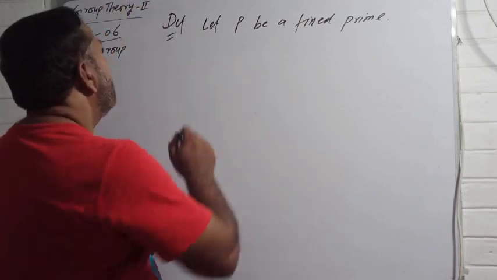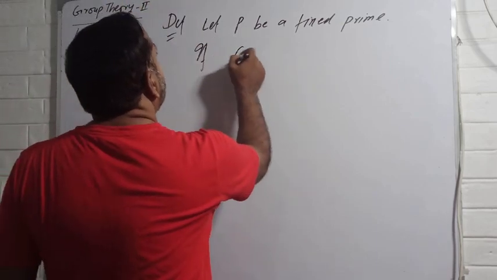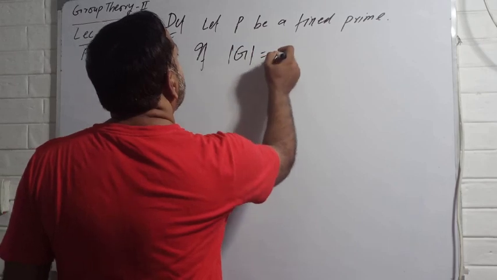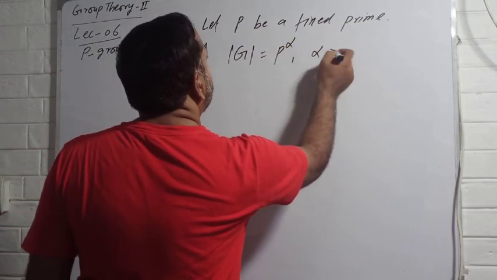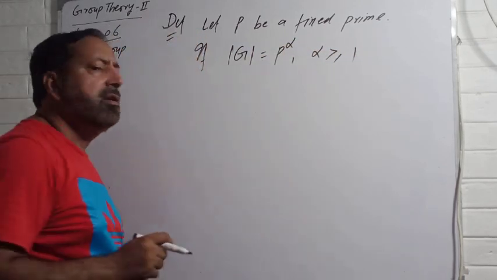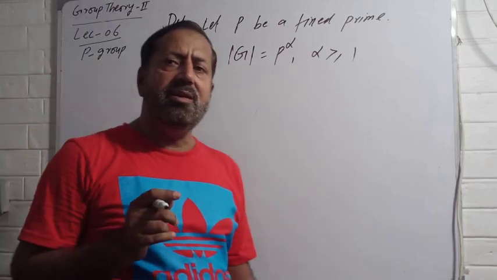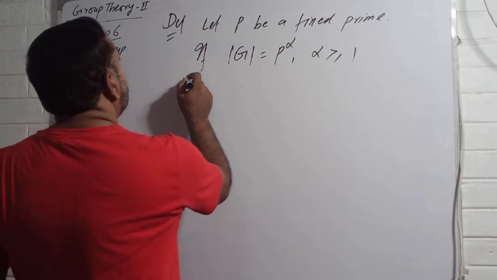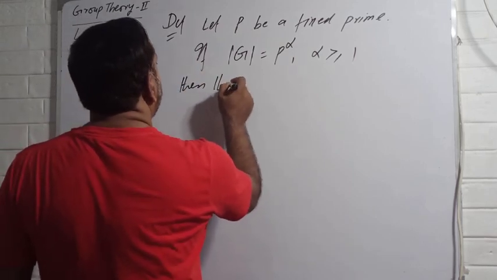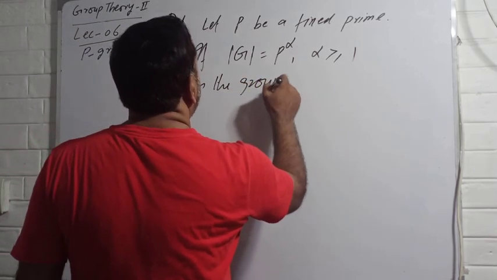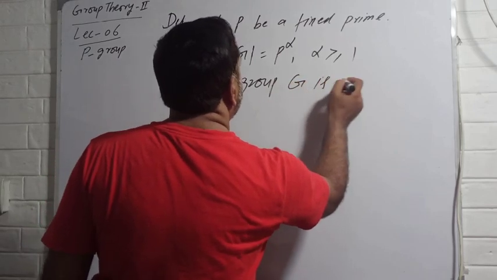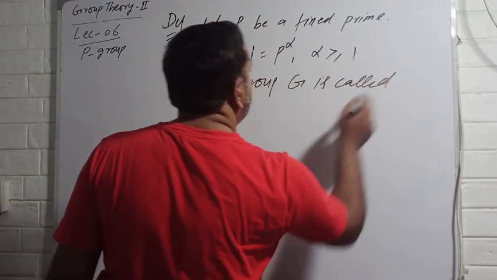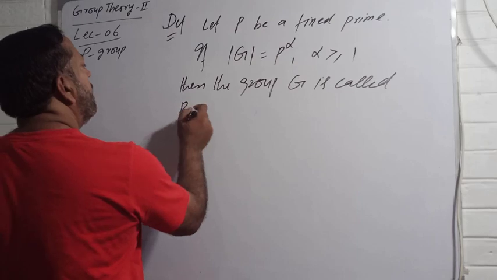If the order of G is equal to P power alpha, where alpha is greater than or equal to 1, then the group G is called a P group.